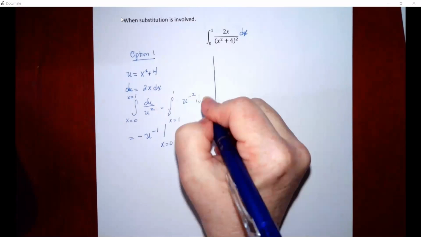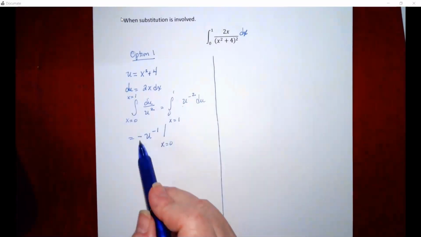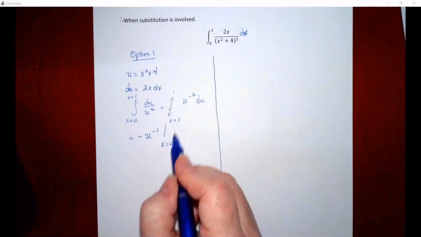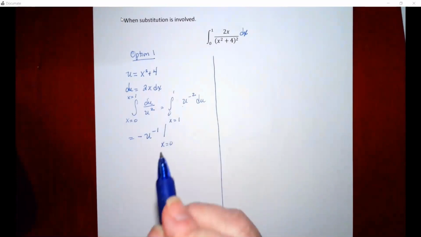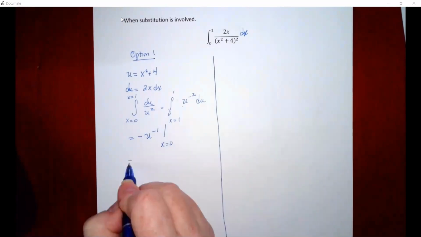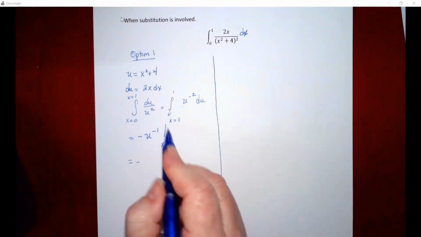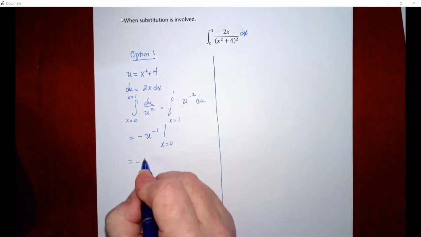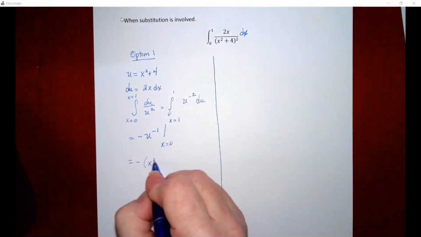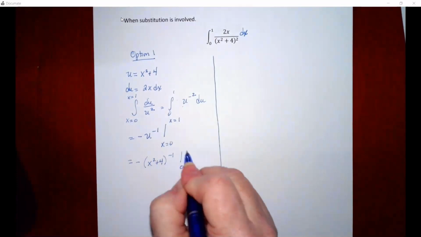So when you add 1 to the exponent, you get negative 1, and you divide by the new exponent, you get negative 1 out front. If I did not change my limits to u limits, I would have to then back substitute what u was in terms of x. So that would be the negative of x squared plus 4 to the negative 1 from 0 to 1.